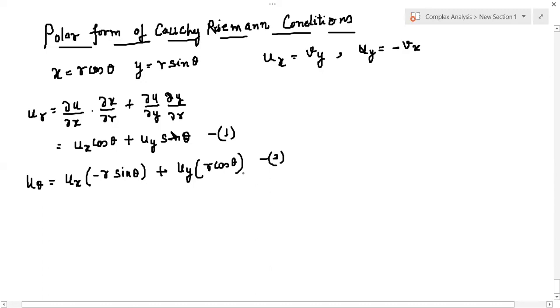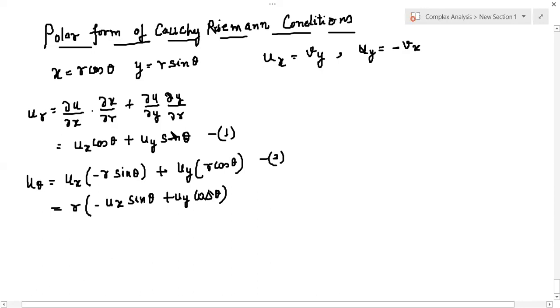So u theta, I can simply write as r times minus ux sin theta plus uy cos theta. This is my equation number 2.